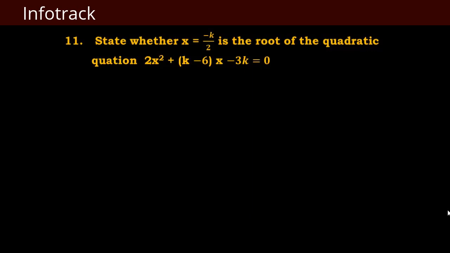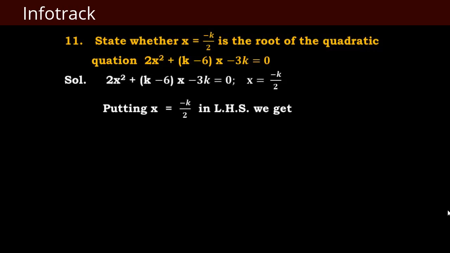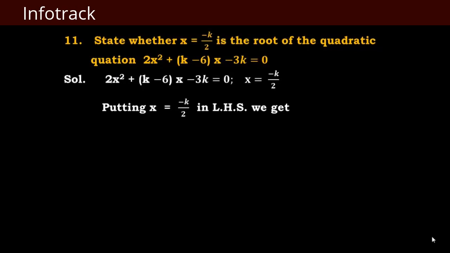So substituting x equals minus k upon 2 in LHS, we get 2 into minus k upon 2 the whole square plus k minus 6 into minus k upon 2 minus 3k. Now solve the bracket.